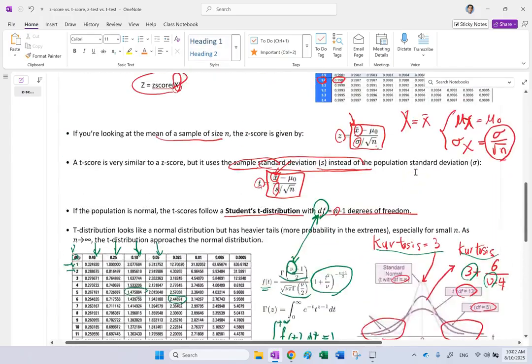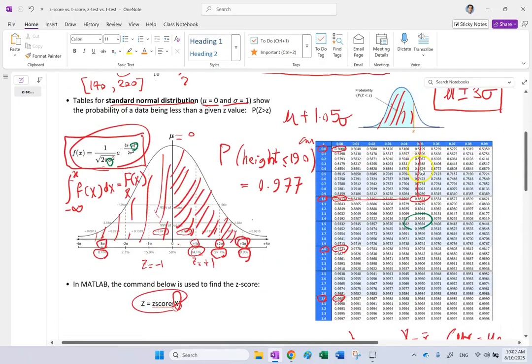Okay, so if I go to the table and look for the number 0.975, right? So look here. This is 0.977, that is at 2.